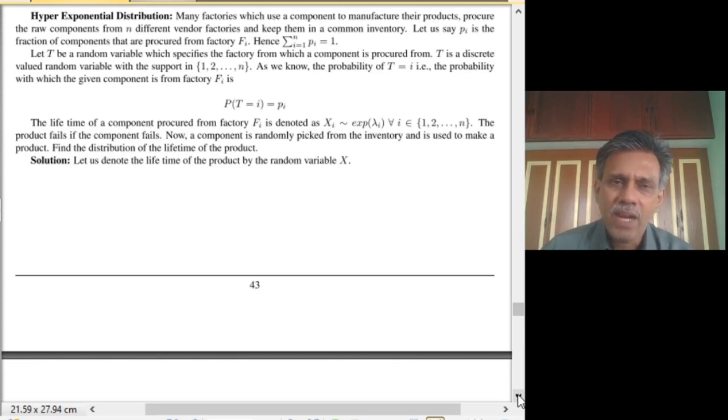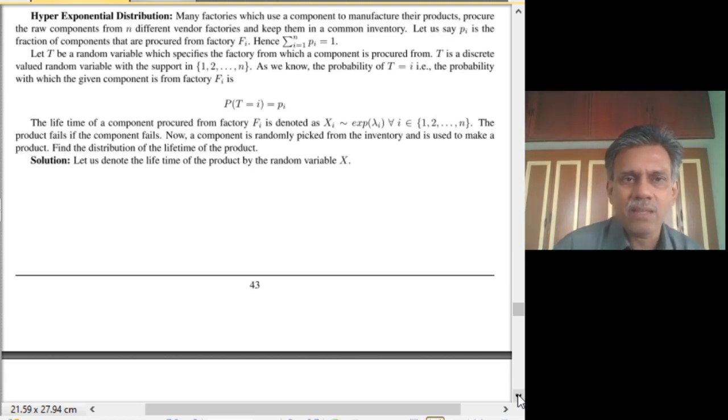Then the lifetime of each of the components, we know it is exponentially distributed, but the component that comes from factory 1 has one particular parameter as compared to the component from factory 2, because of the variation in the manufacturing process. Some will be more reliable, some will be less reliable.